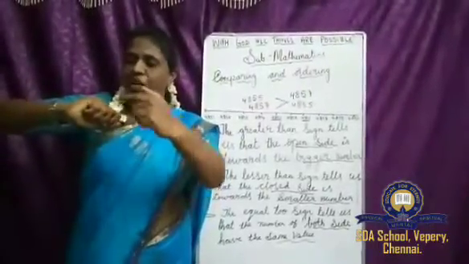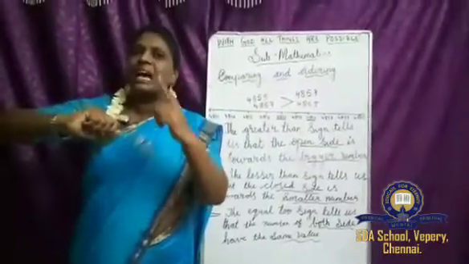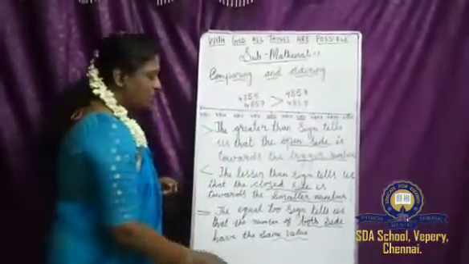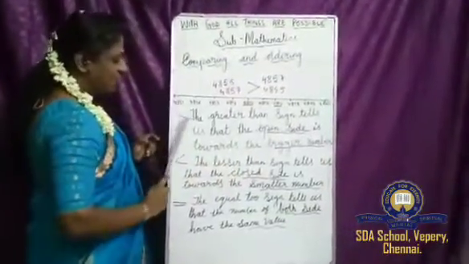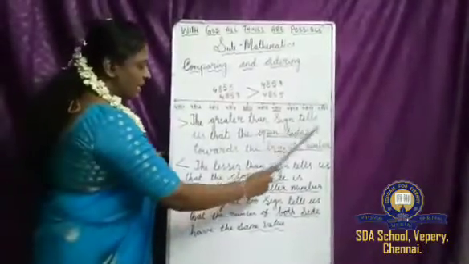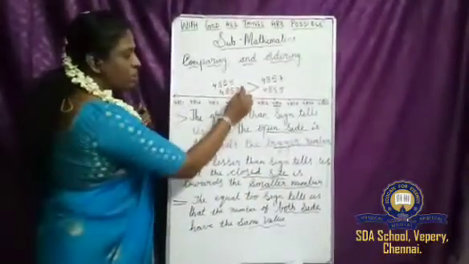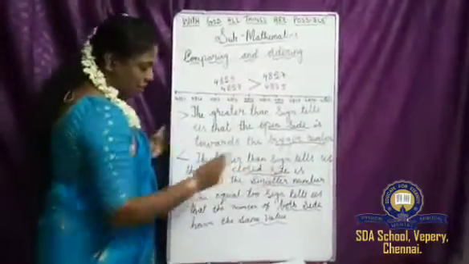So this is called open side. Open side always shows towards the bigger number. That's what we tell here: the greater than sign tells us that the open side is towards the bigger number.